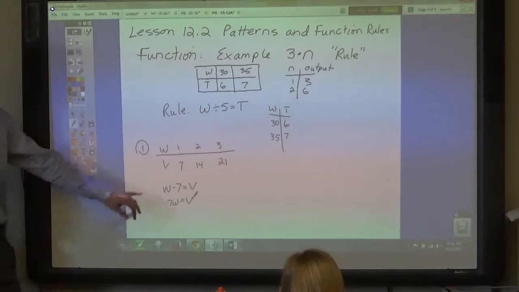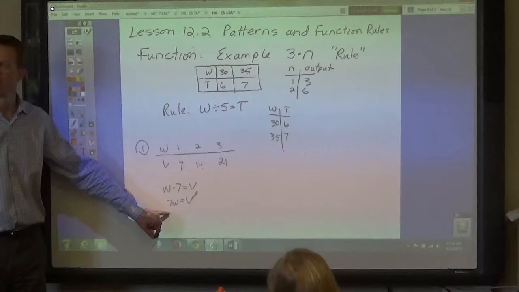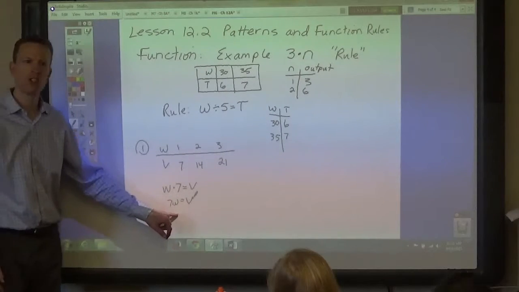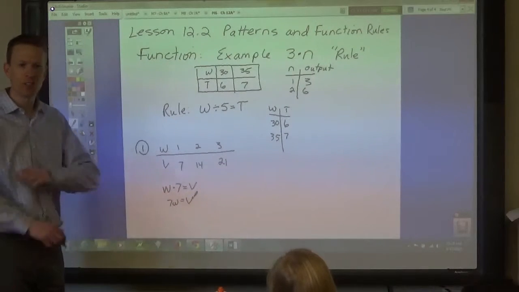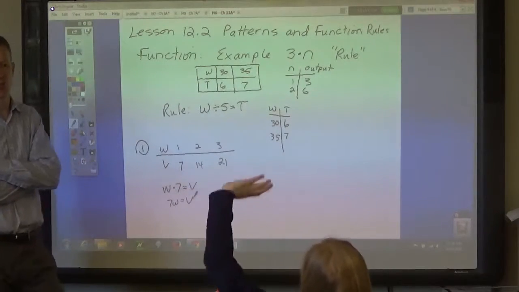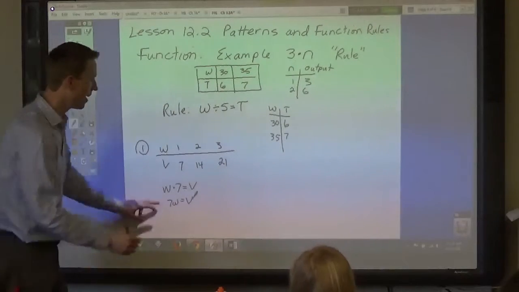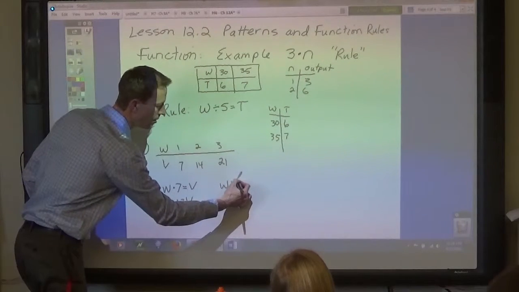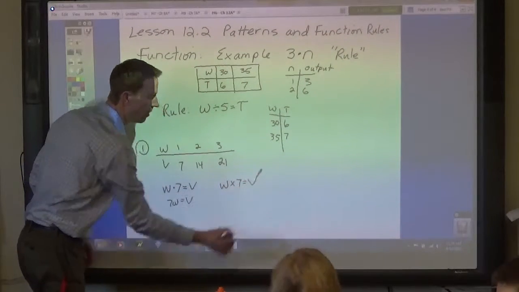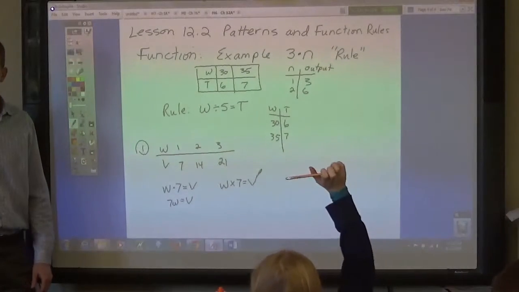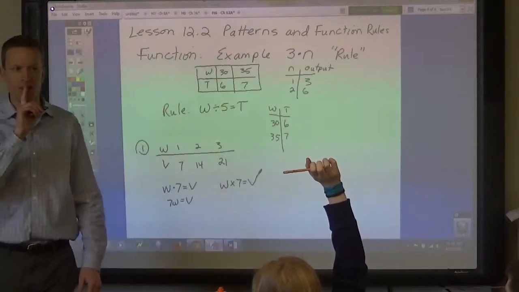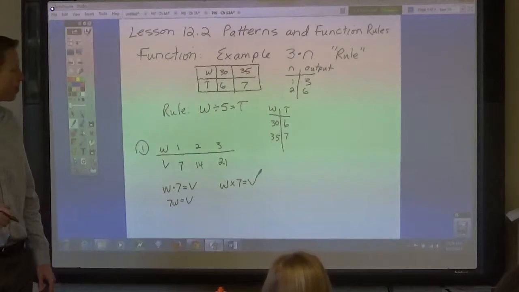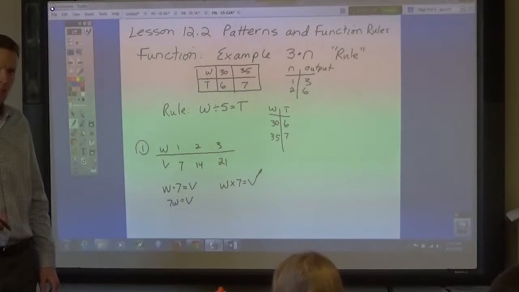What should you not use for times when you're writing this function rule? Emily? An X, right. Don't write W times 7 equals V. Why not? Noah? Because they might think the X is a variable. Right.